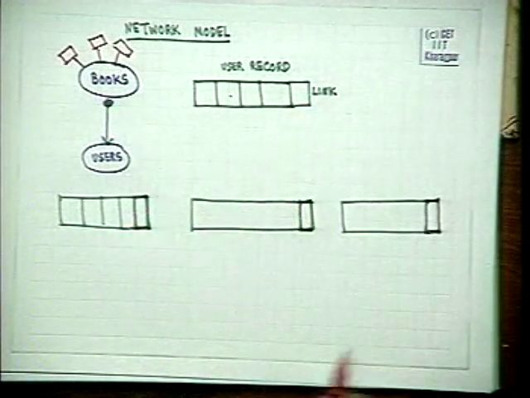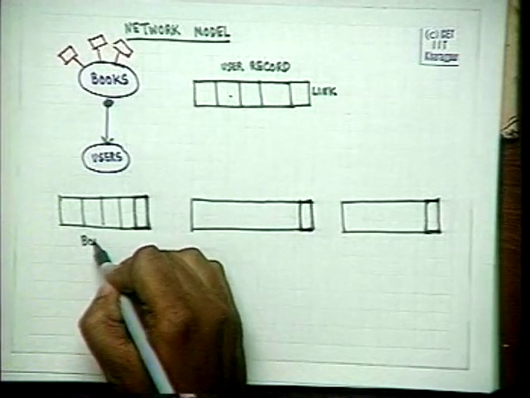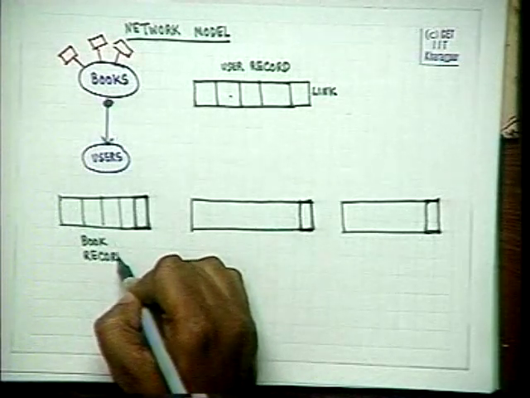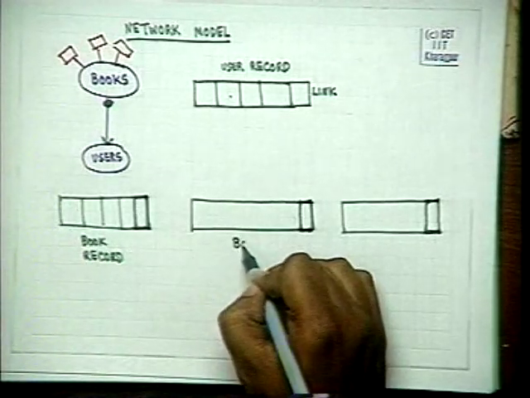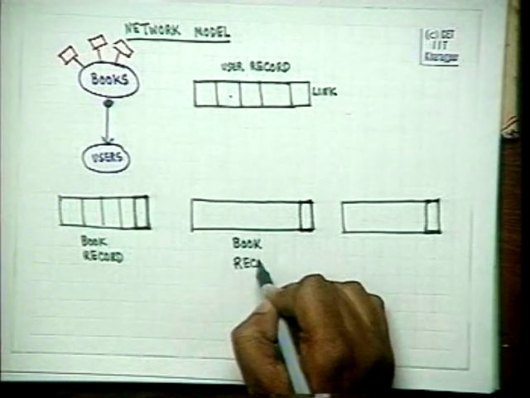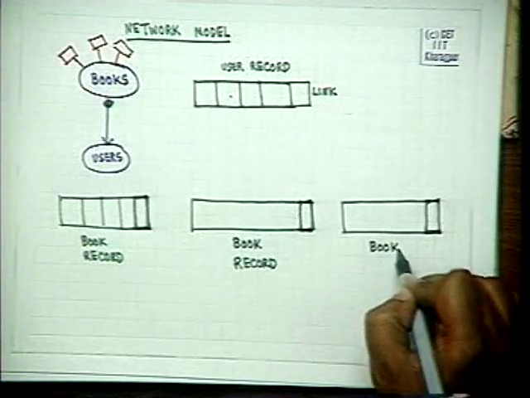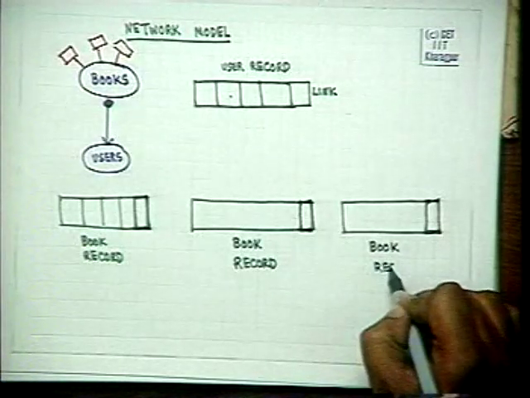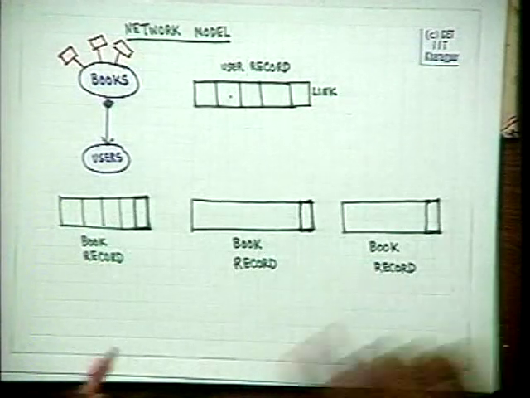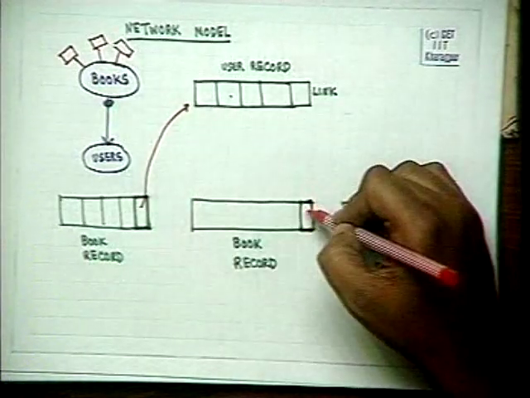But from a book, let us say this is one book record, this is another book record, and this is a third book record, since from a book you can always have only one user, you can just have pointers.